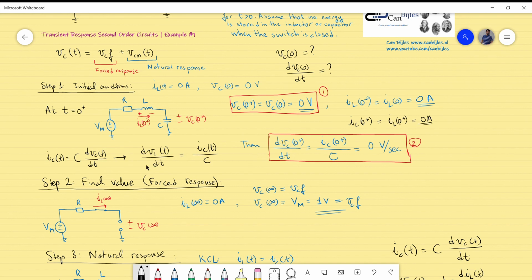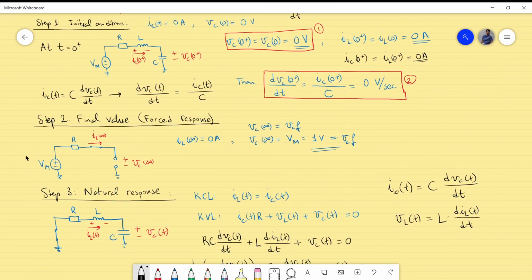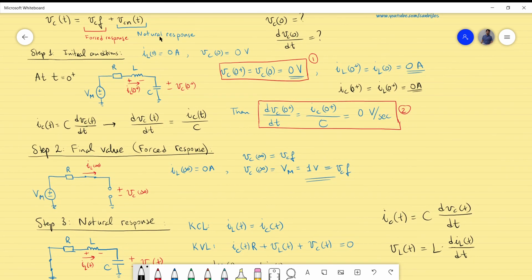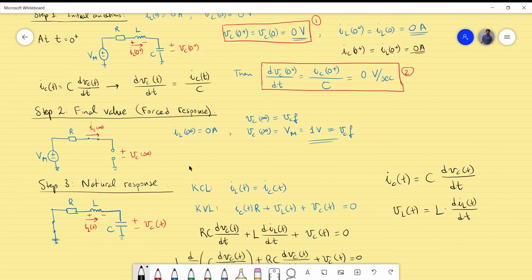And if you do that, then you have two conditions which you need to evaluate the capacitor voltage in the final form, because the capacitor voltage really requires a natural response and forced response. Now, the final value will give you the forced response, and we know already how to model the inductor and the capacitor. That's actually also discussed here.